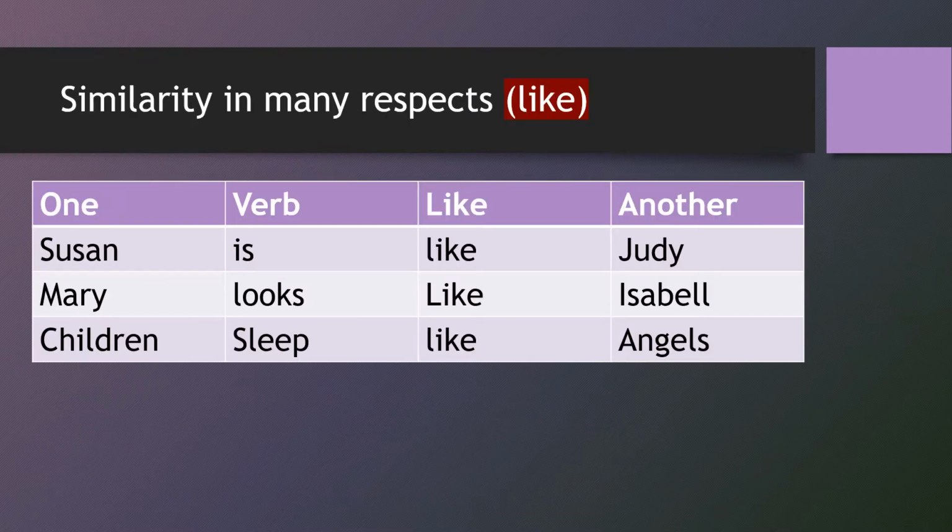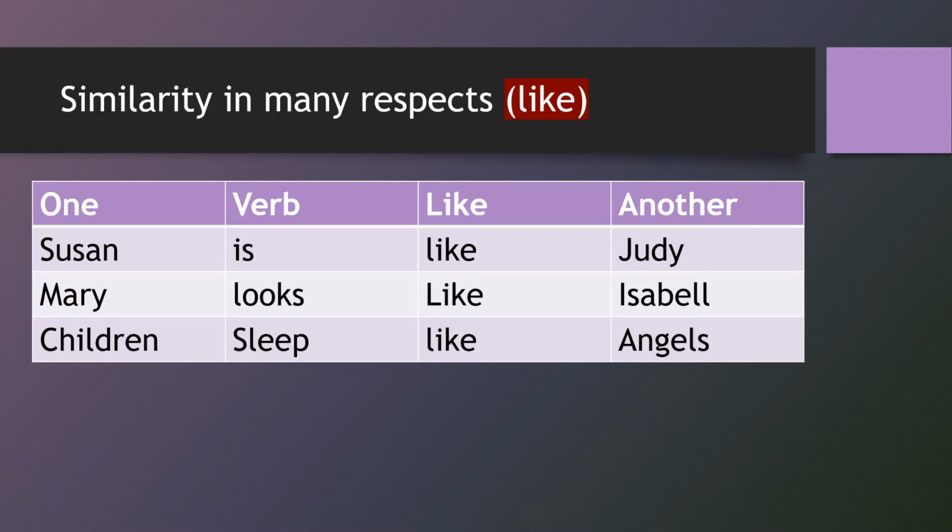The second type of sameness or similarity is using "like". Look here, we are not using "alike", we are using "like". Here we've got similarity in many respects. It's not only one thing, but many respects that are similar. For example, Susan is like Judy. Here there is a possibility of adding "is like Judy in her behavior".